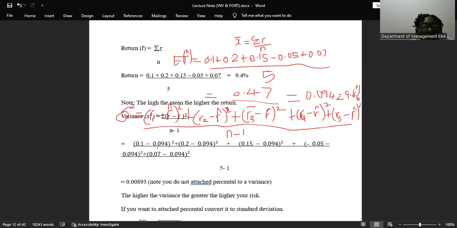Okay, so if that's the case, we have then variance is equals to R1 is what? Please concentrate on the red ink, not the black one. Minus the return is what? The return is here. 0.094.